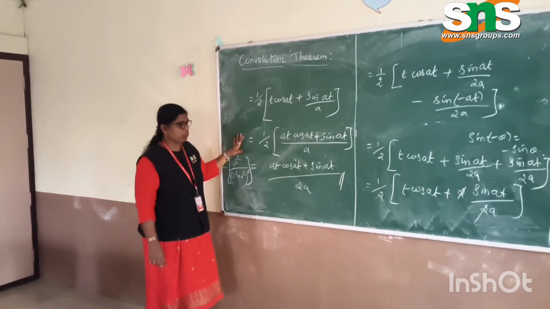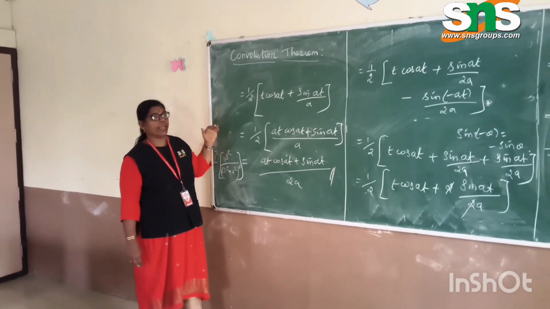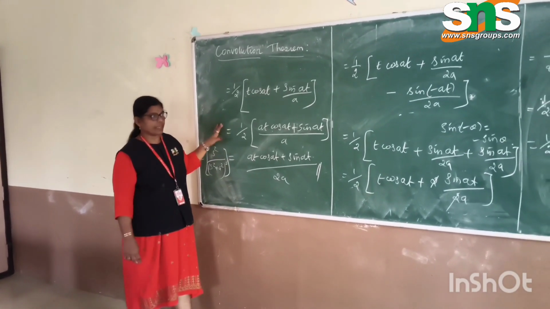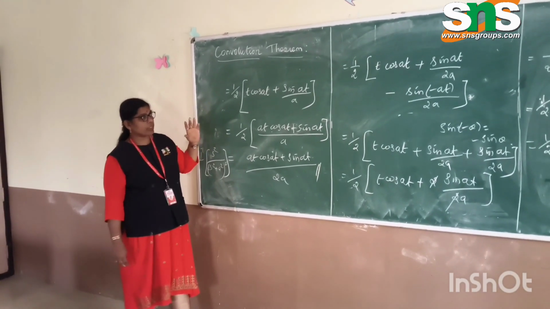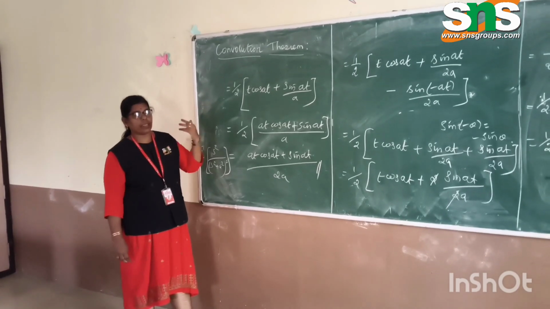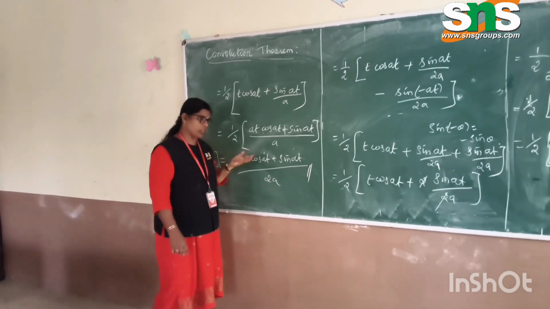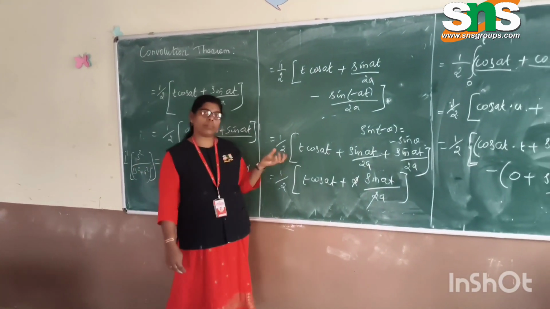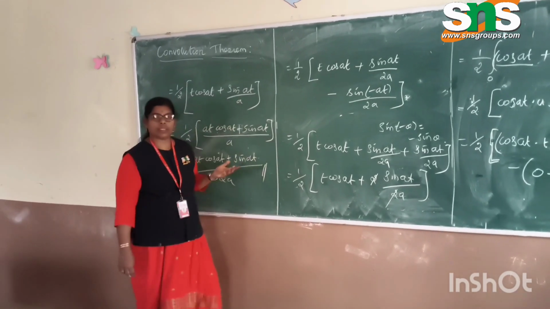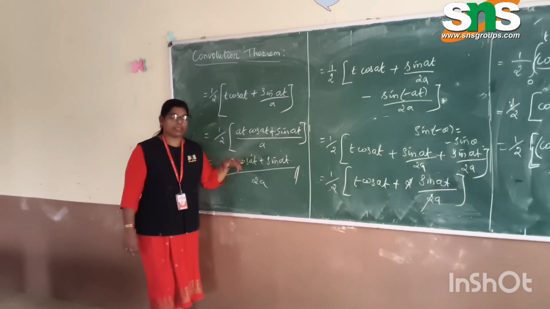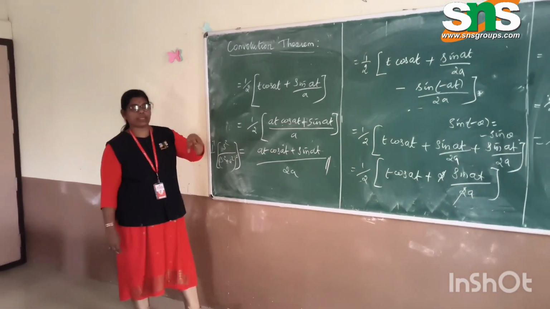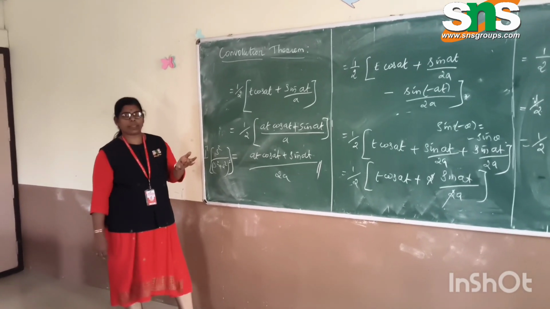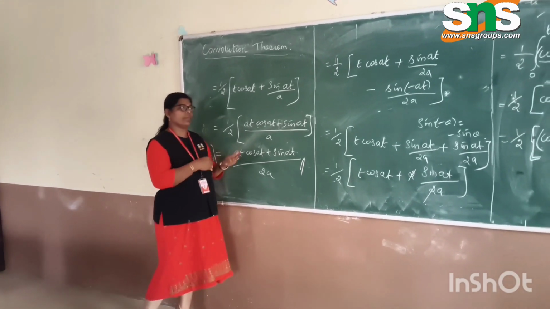Now, this convolution problem is the main application of the Laplace transform, using the two functions f of t and g of t. Usually we use simple functions in differential equations or integration, but here we use the Laplace transform and inverse Laplace transform.